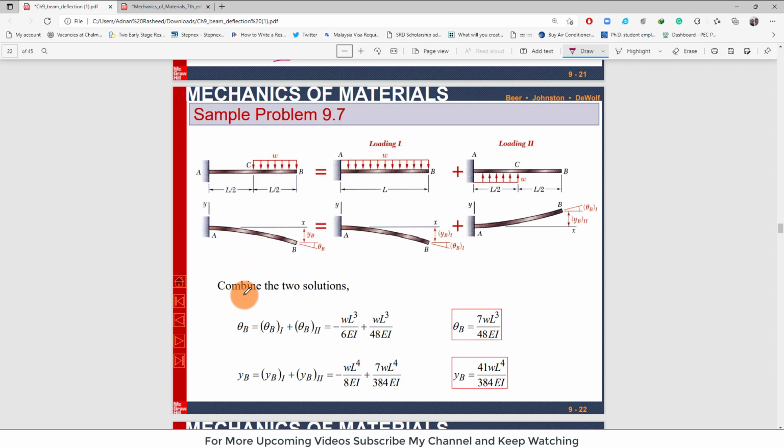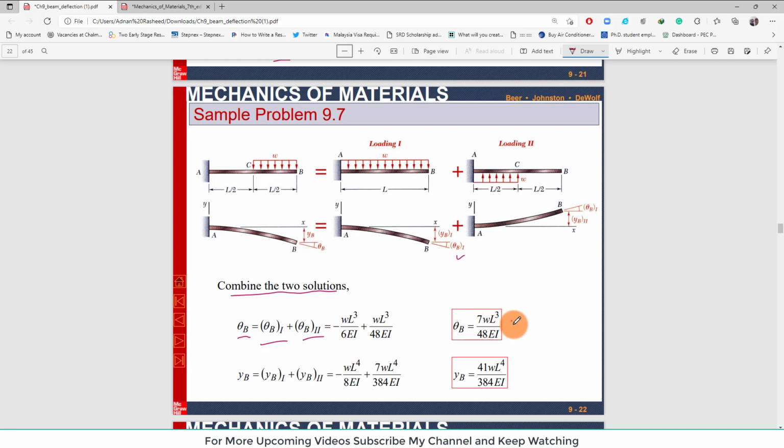So you can see, combine these two solutions. The total deflection at point B is the deflection due to loading 1 and due to loading 2, clear. This is negative and this is positive.